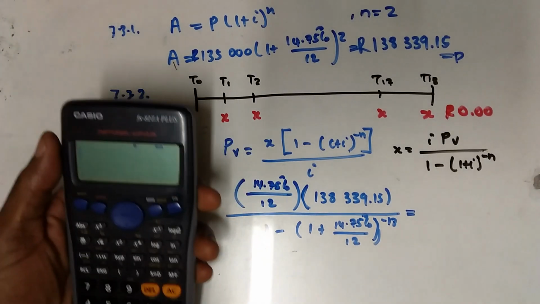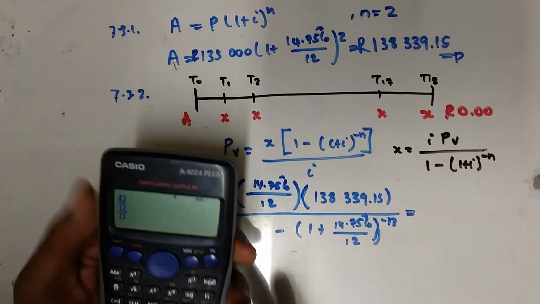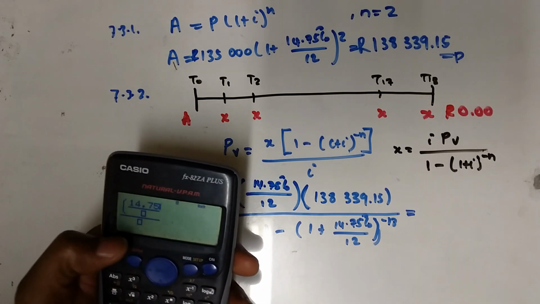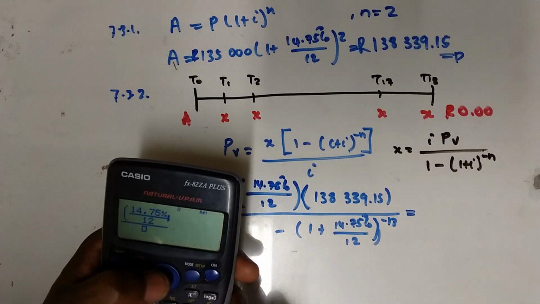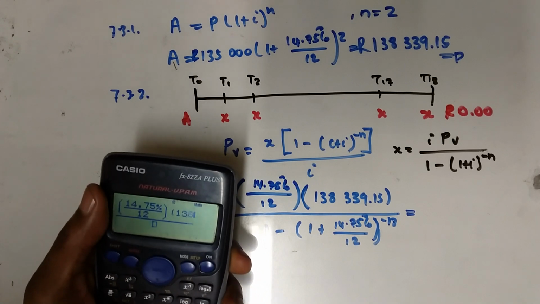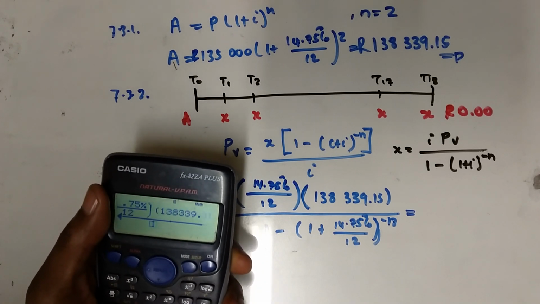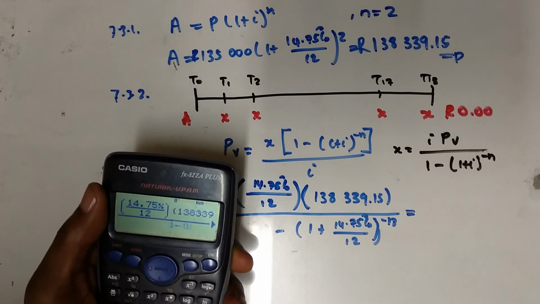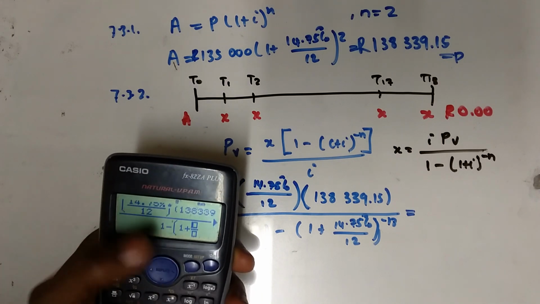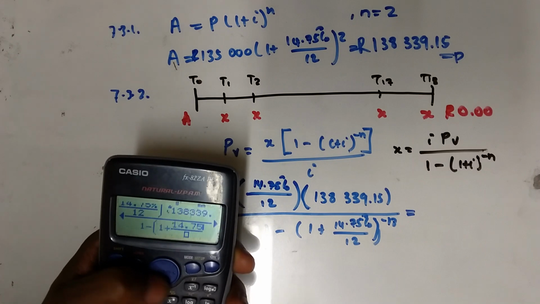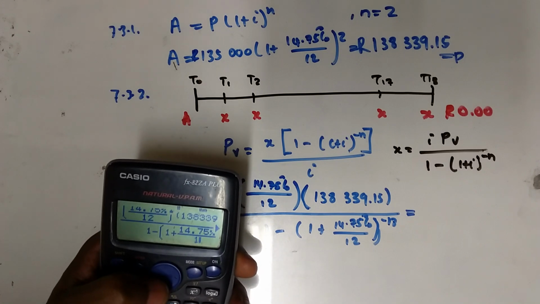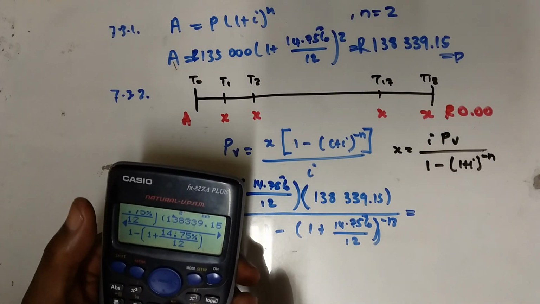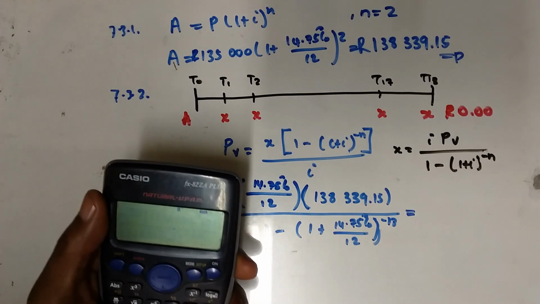So we're putting this in a calculator. We have 14.75% divided by 12 multiplied by 138,339.15, and then we're going to have 1 minus (1 plus 14.75% divided by 12) to the exponent negative 18.